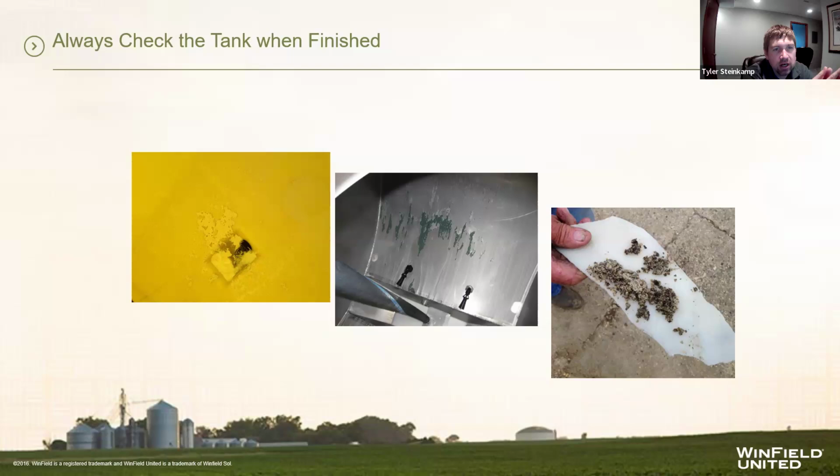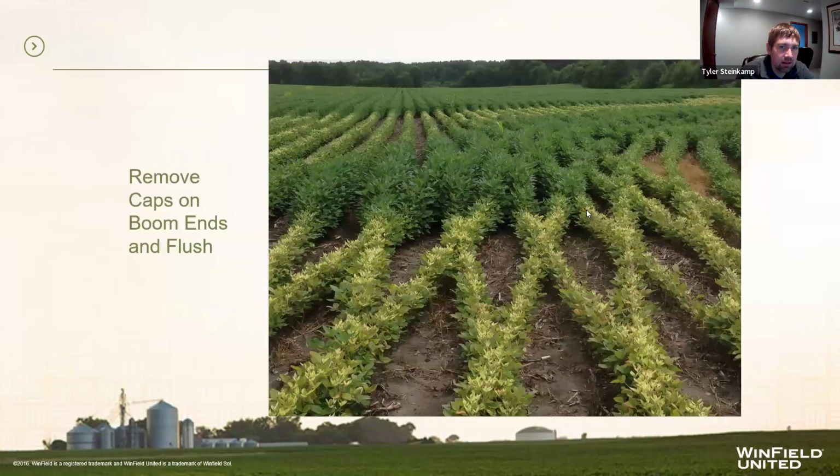Some general sprayer hygiene: if you can flush the line out at the end of the day and rinse it out with water or tank cleaner, you're going to be miles ahead. Because here's the thing, the majority of the calls that I get about issues like this, it's not in the tank, it's in the lines.